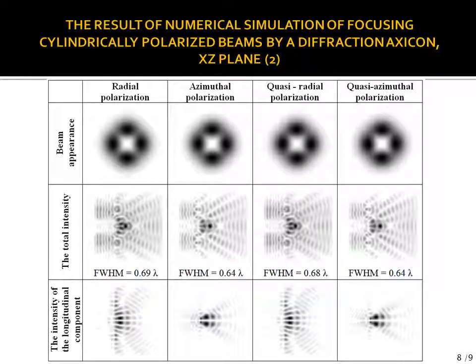On this slide you can see the result of numerical simulations for the more complex type of polarizations I told about before. When analyzing the result, it was noted that for radial polarization the first maximum is formed inside the optical element, and the second maximum is outside it.